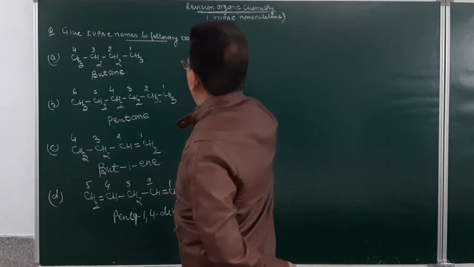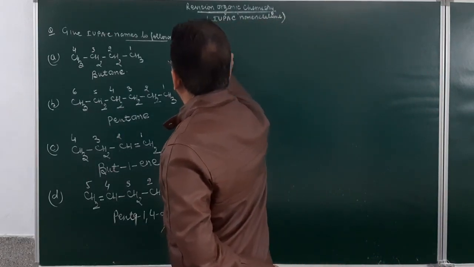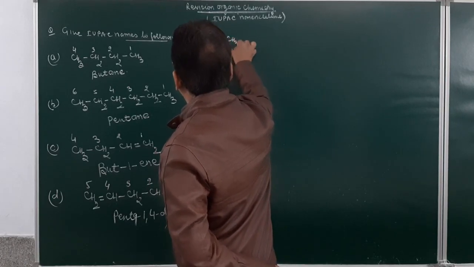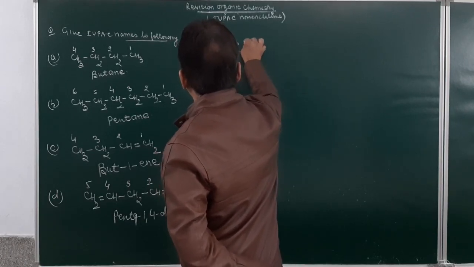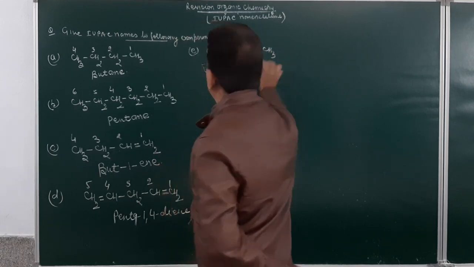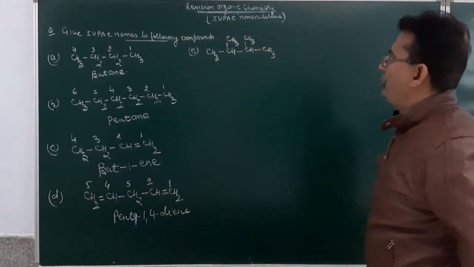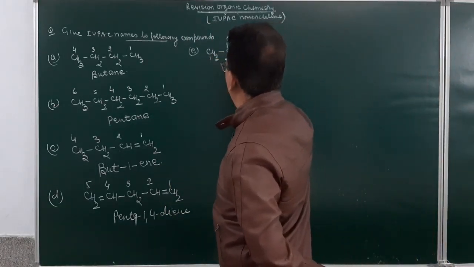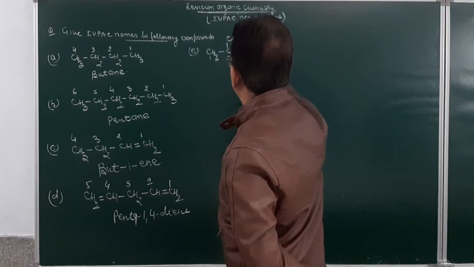Now, look at this one over here. We have this compound: CH3 and then CH and then the group CH3, and then CH, then CH3, and then over here the group CH3. Suppose we want to give a name to this compound. This is 1, 2, 3, 4.